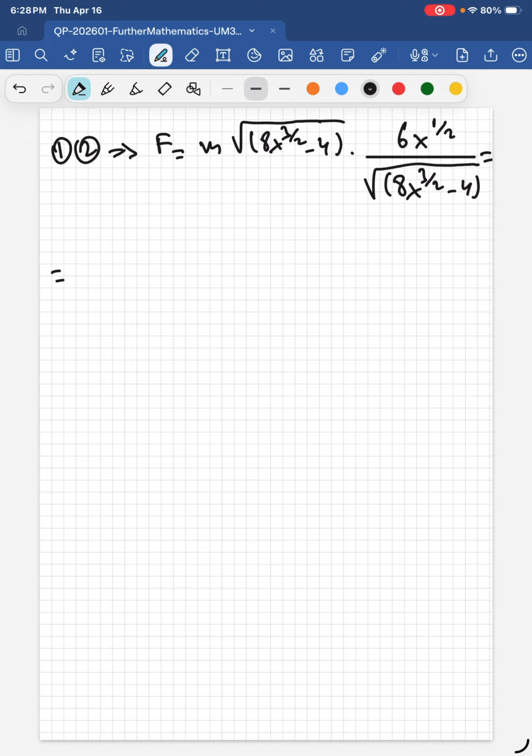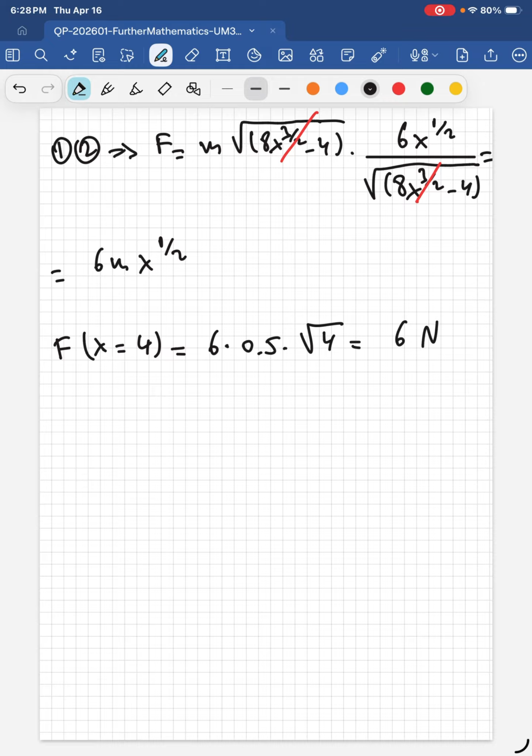Okay, so the square roots actually cancel nicely, and we are left with this very simple expression 6m times x to the 1/2, and we are asked what the force is when x is equal to 4. Okay, so it's 6 times the mass, 0.5, times the square root of 4, which is 2. Okay, so we have 6 times 2 is 12, times a half, 6 newtons is the answer.